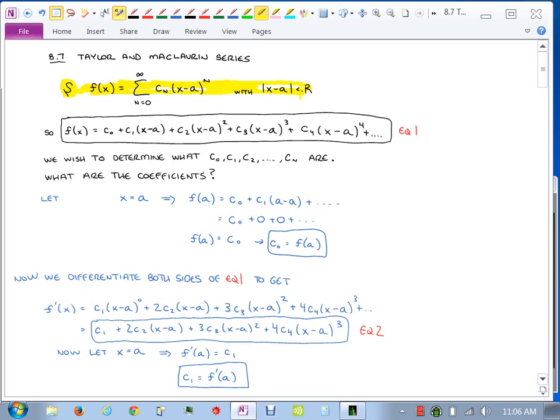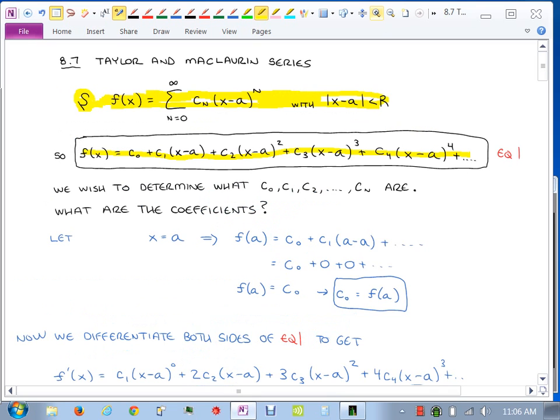Then we can just plug in n equals 0, n equals 1, 2, 3, 4, and we get equation 1, right? That's what happens if you just plug in your various values of n. That's all right? We wish to determine what those constants in front of our power series turn out to be. So what we're going to do first is this. We're going to let x be equal to a, right?